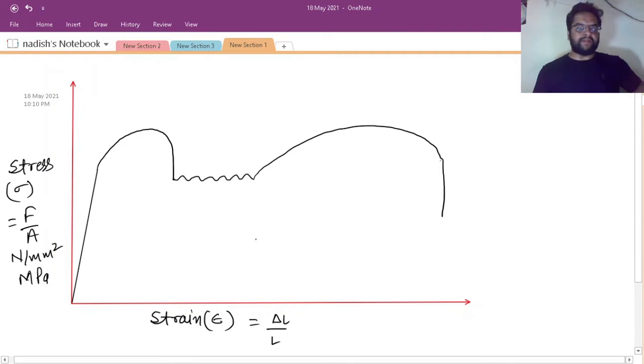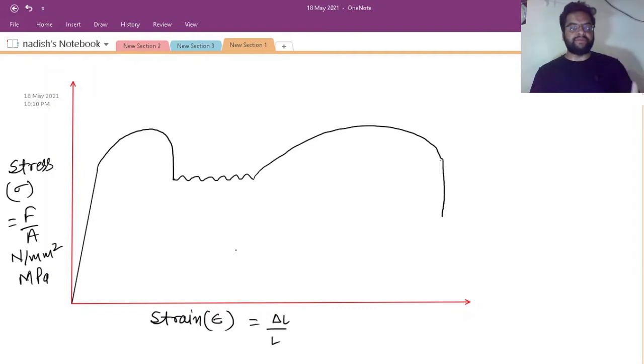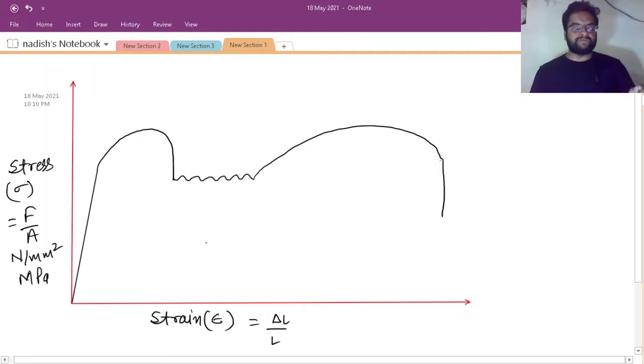So as we start applying the tension force on the specimen, the strain increases in proportion to the stress.